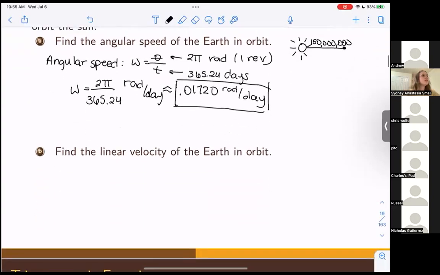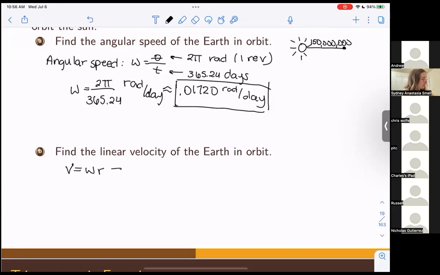So let's find the linear velocity of the Earth in orbit. To do this, all we need to remember from the last slide is that linear velocity is just omega, which is the angular speed, times the radius. That's it.